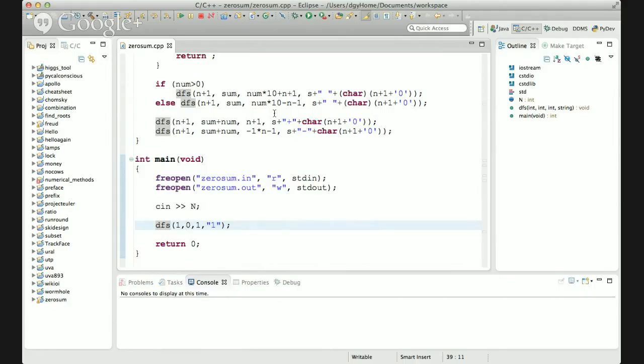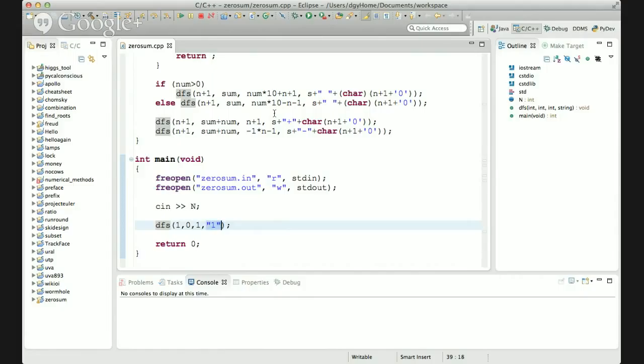So the sum plus the num here, these two, should be 0 as a solution, right? And of course we need to get out the results.